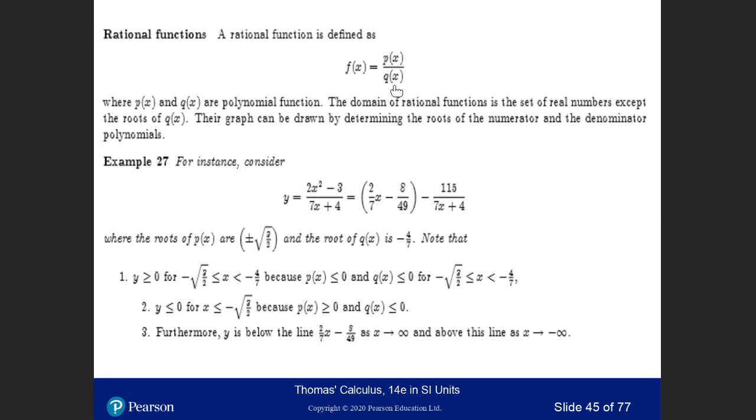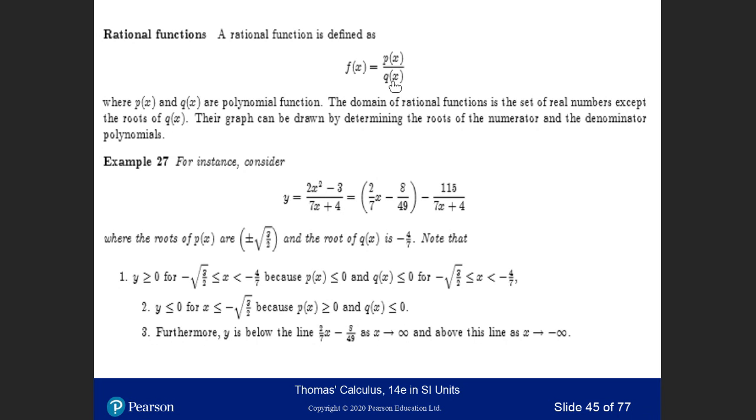When q of x is 0, any real number divided by 0 is not a real number. So we know that these are not included in the domain of the rational function.